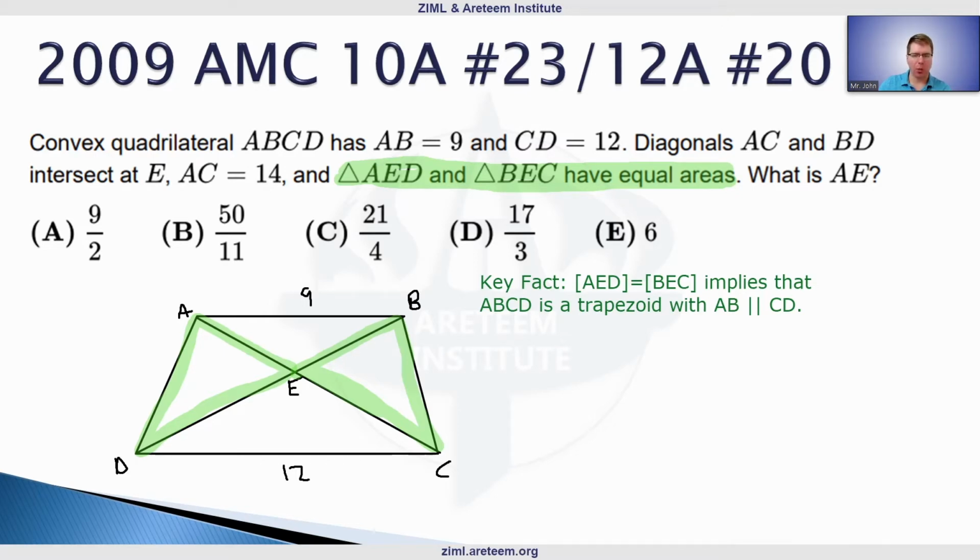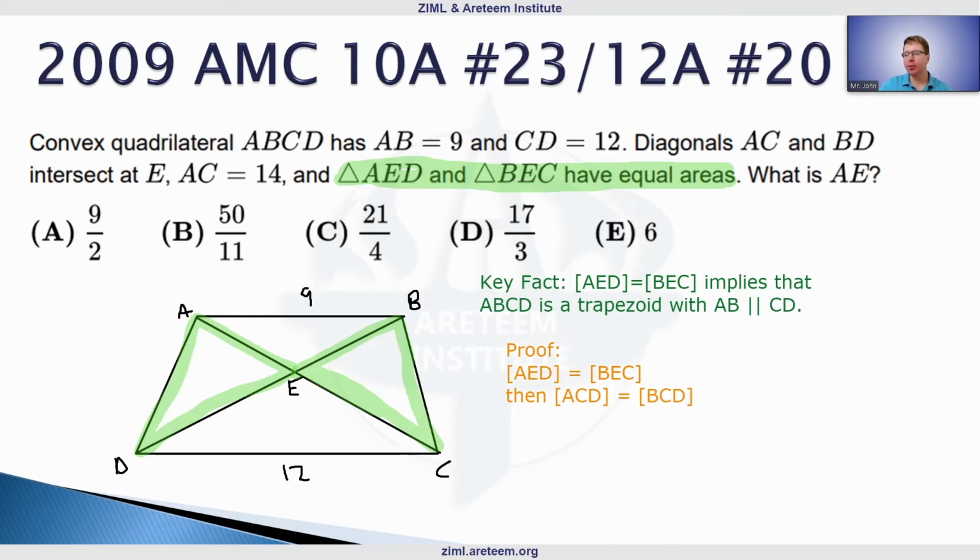So what is the proof of this fact? The proof is that if AED equals BEC, then what if we add CDE to both of those? Then the area of ACD is equal to the area of BCD.